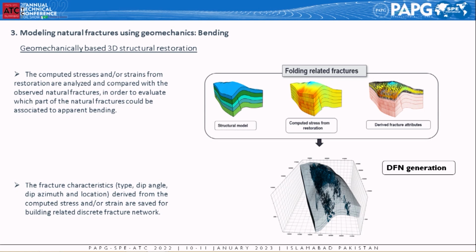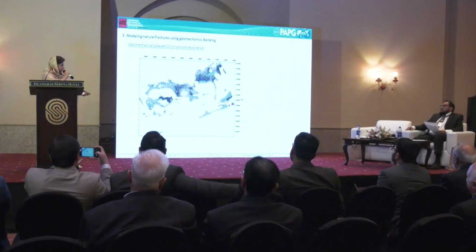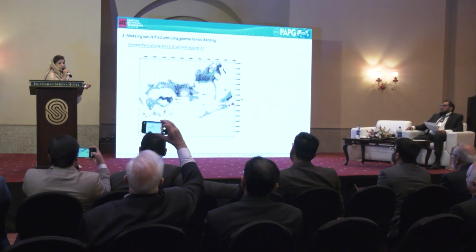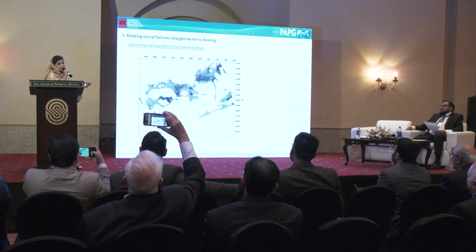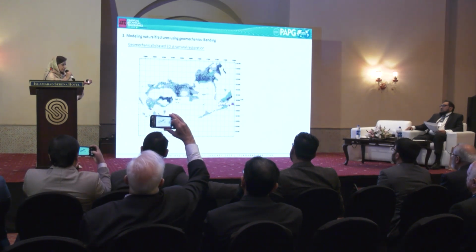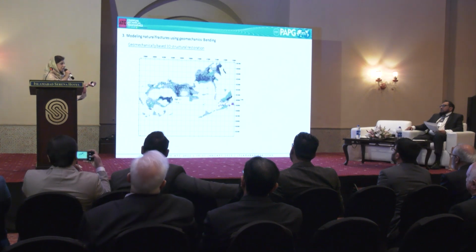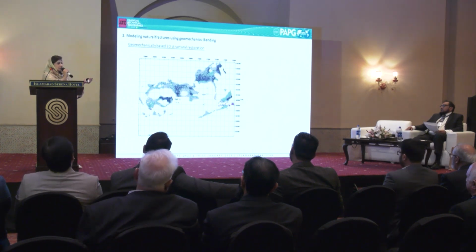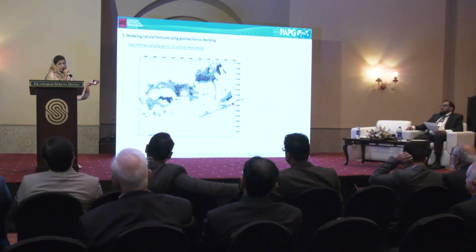And all those stresses were used to generate the fractures related to the bending this way. So two sets of fractures were modeled on the basis of just bending related geomechanic restoration. One is basically the tension fracture system, and the other one is the shear fracture system.